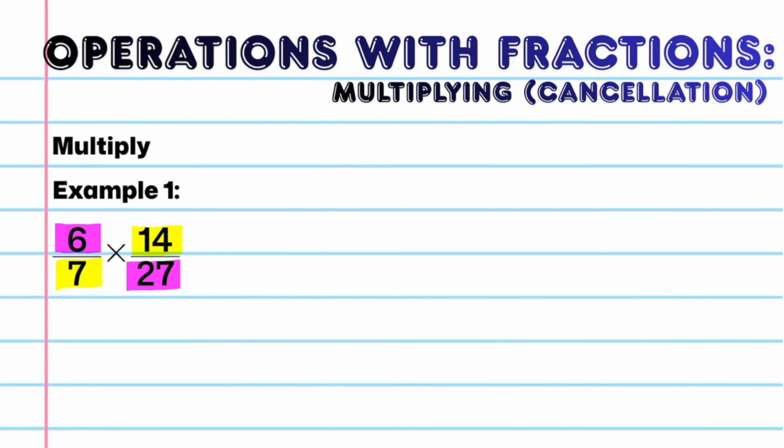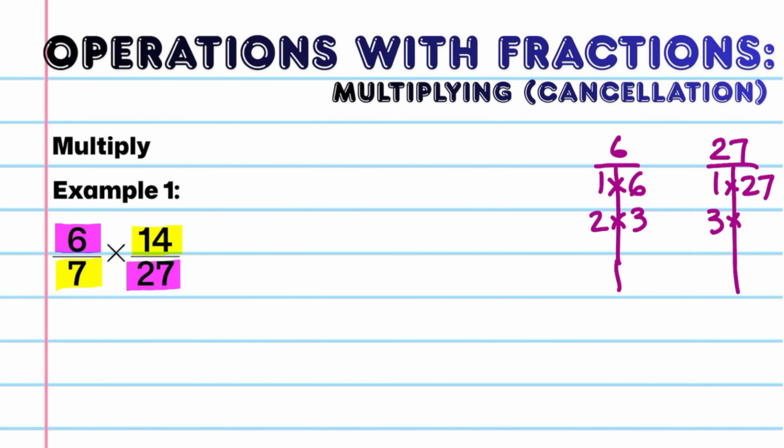So when we look at 6 and 27, what is the GCF between 6 and 27? If you're unsure, you can come over to the side, list the factors of 6, list the factors of 27, and then we'll see what is the greatest factor that they have in common. The factors of 6 are 1 times 6 and 2 times 3. The factors of 27 are 1 times 27, 3 times 9.